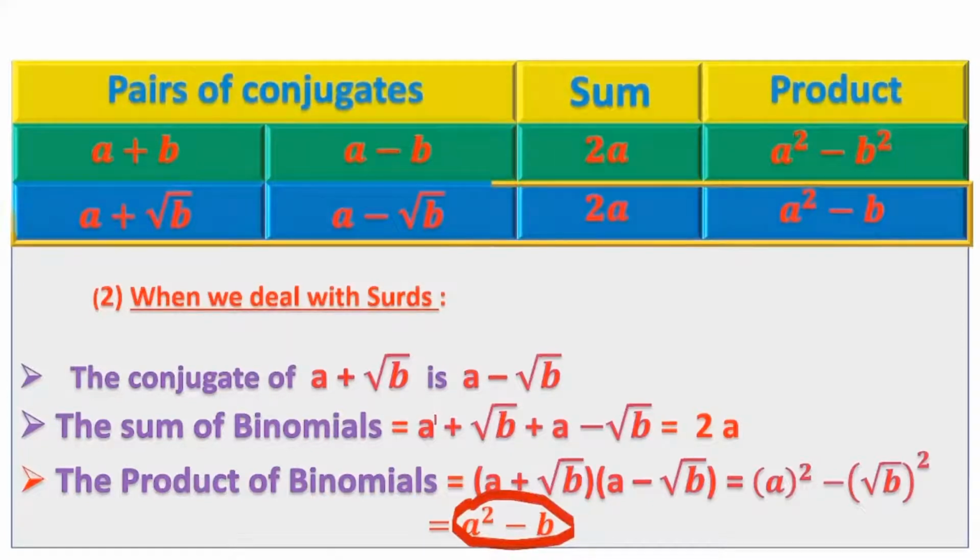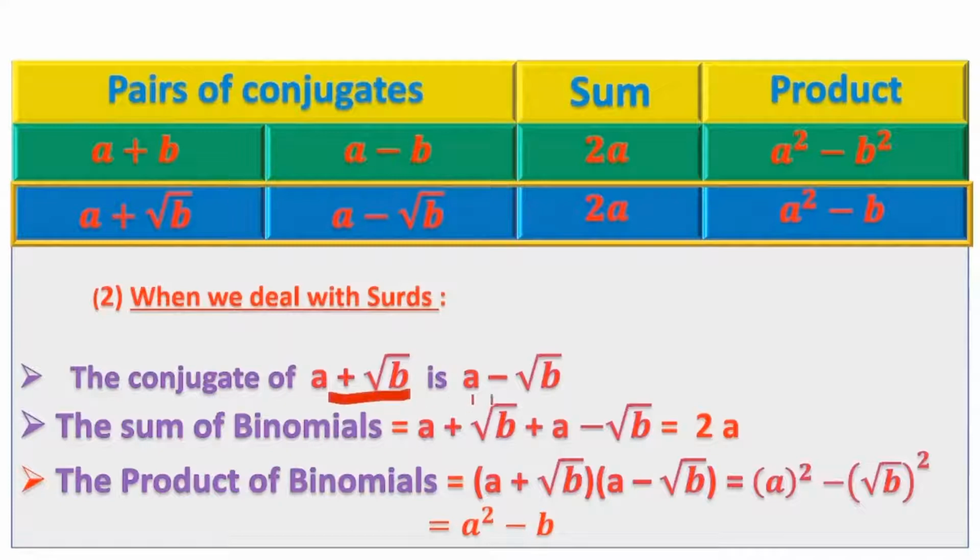Therefore, the product is equal to a square minus b. Let us consider the above table. Here, a plus root b and a minus root b are the conjugate of each other. Their sum is the rational number twice a, and their product is the rational number a square minus b.